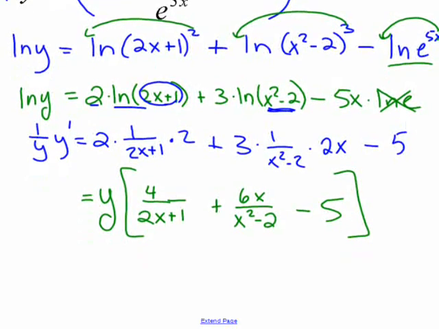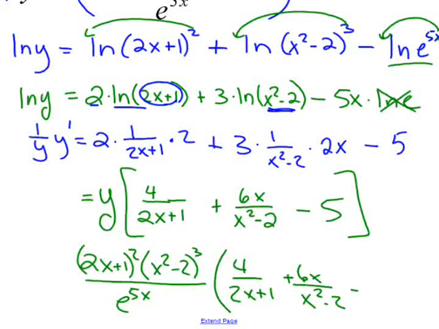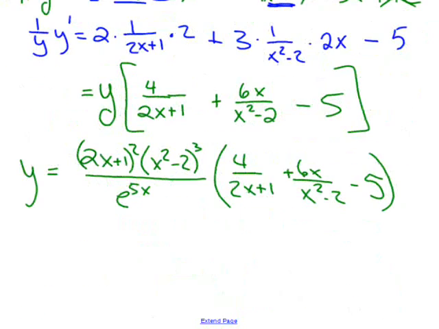It might take me a while to figure out how to write all that. (2x plus 1) squared times (x squared minus 2) cubed divided by e to the 5x, times 4 over 2x plus 1 plus 6x over x squared minus 2 minus 5. You could maybe go ahead and get a common denominator over there, but we don't need to.